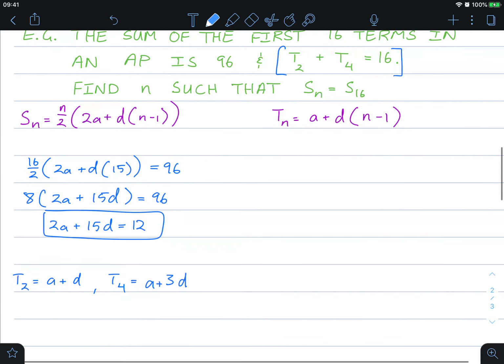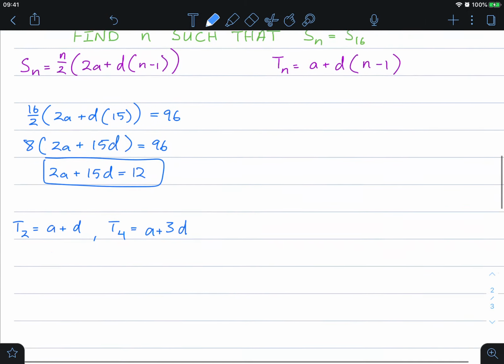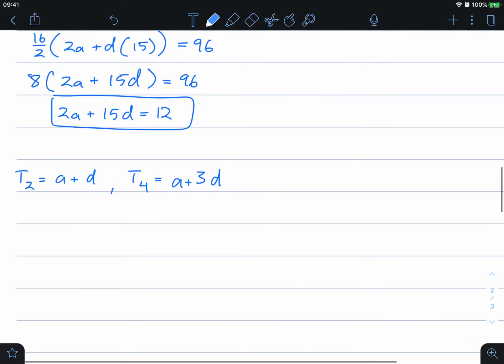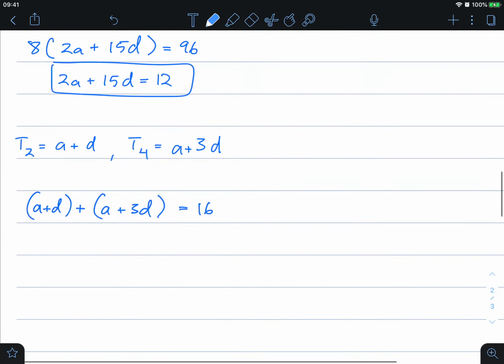Utilizing what it says here, T2 plus T4 equals 16. So adding these two together, a plus d plus a plus 3d, that's T2 plus T4 is equal to 16. Bringing these two together, a plus a is 2a, d plus 3d is 4d, equal to 16.